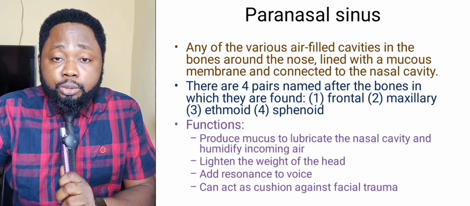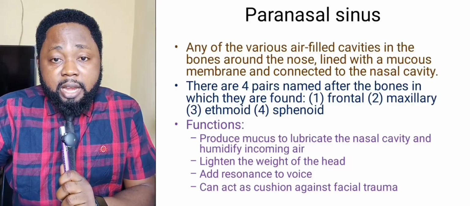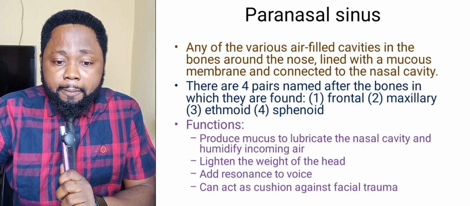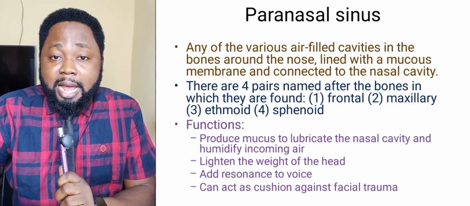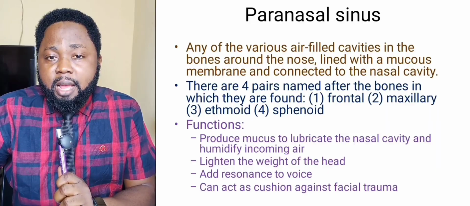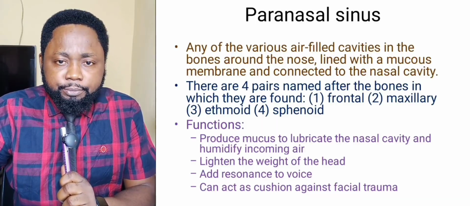Their functions include the production of mucus to lubricate the nasal cavity and to humidify incoming air. They also function to lighten the weight of the head. They add resonance to the voice and also act as cushion against facial trauma.